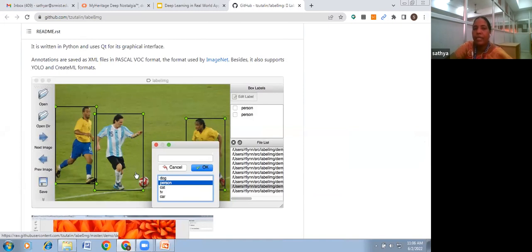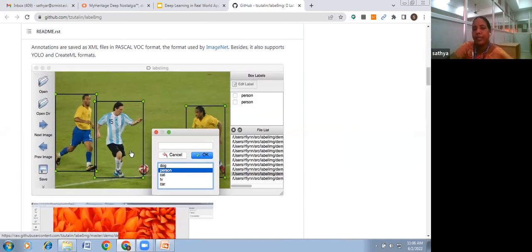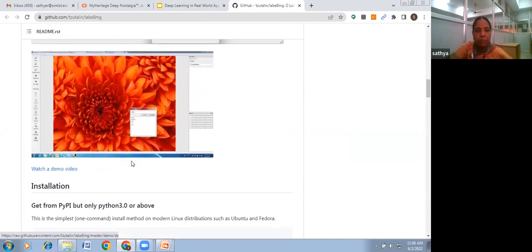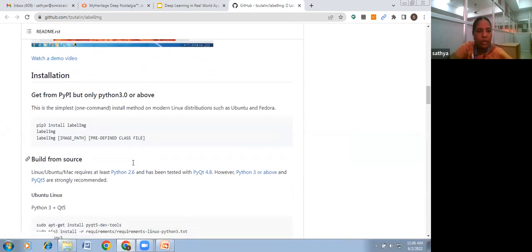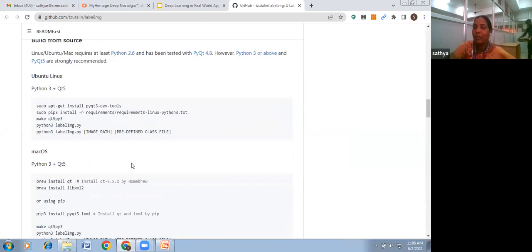Later, when you feed it, it will automatically show you how many balls are there, how many shoes are there, who all the persons are, and you can identify everything. It's a very simple application you can install. Apply your own pictures and get to know how the classification is happening.